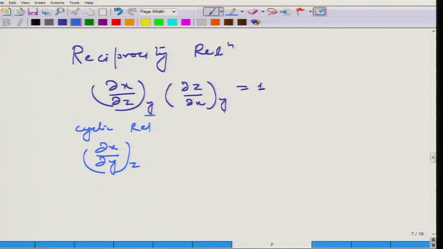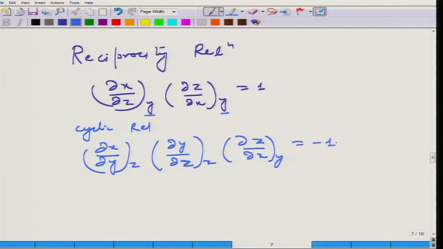Remember here this is kept constant, so you're just swapping the variables. So (del y by del z) at constant x, times (del z by del x) at constant y, and so on, is minus 1. So this is the cyclic relation.